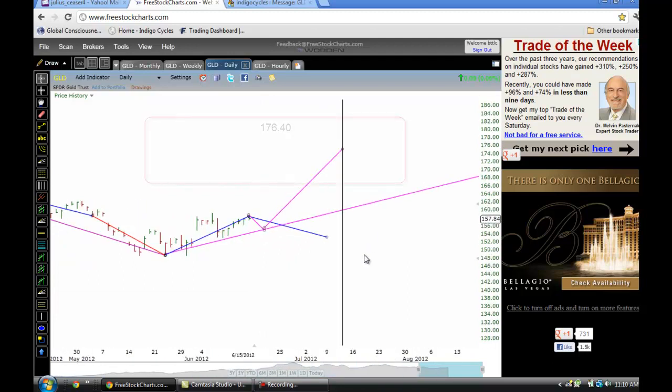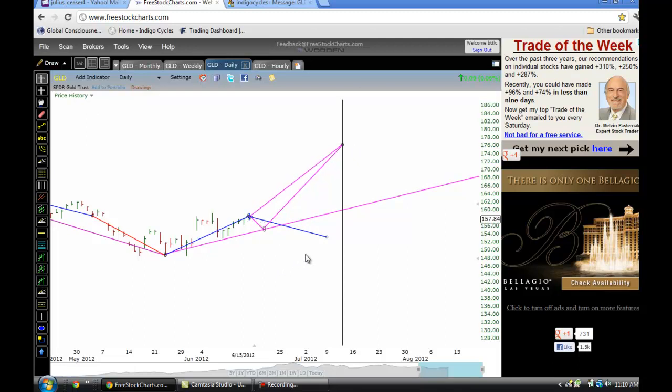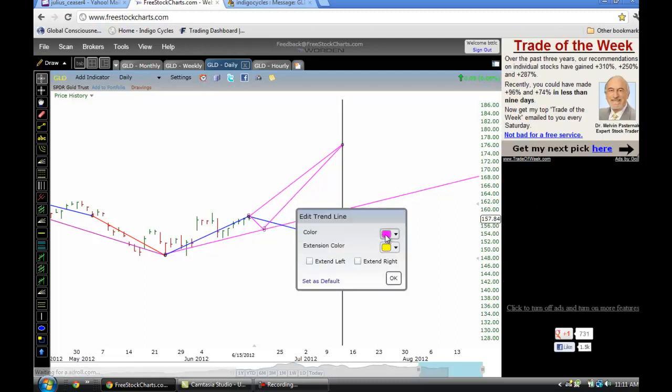And then you're going to take your angle, kind of up here. See how close we are to that. Yeah, one side's a little bit on the low side, but that's okay. And I will leave these lines up on this chart to see how this actually works out.